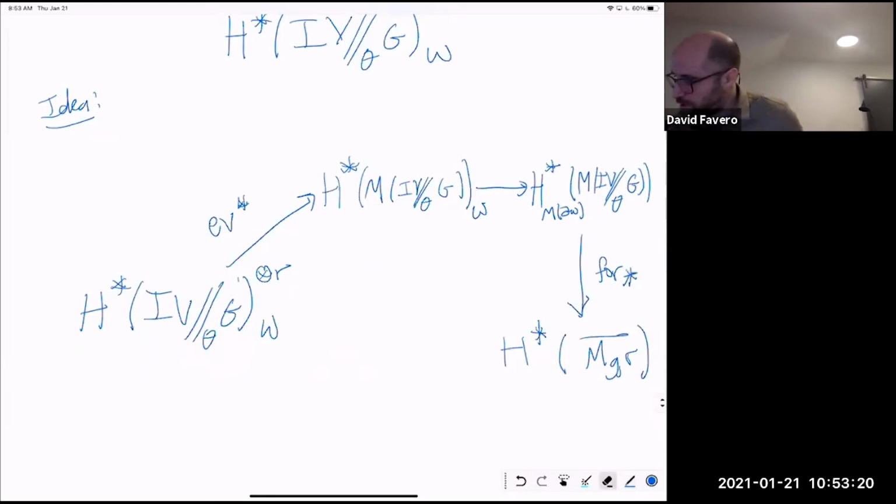Okay, and what goes here is some kind of virtual class. Sorry, it keeps turning on the eraser here. Some sort of virtual class which lives in, with the minus sign.